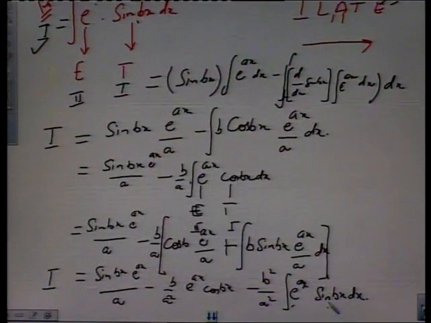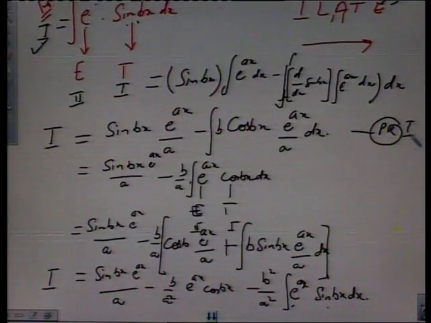So this is special in this question: whenever we integrate an exponential into a trigonometric function, first of all we have to apply the product rule twice. Once when we integrate e raised to power ax with sin bx, here we have used the product rule the first time.